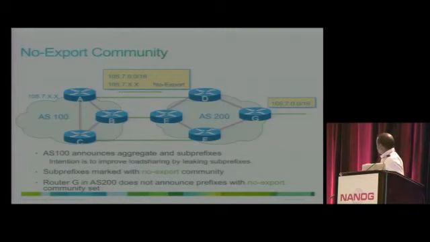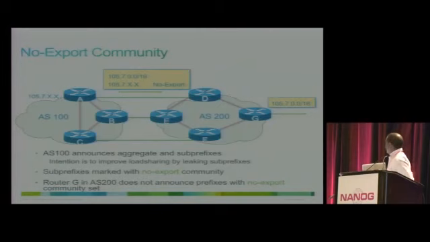So for example, if A receives two different routes and advertises two different routes, in this particular case, it's advertising an aggregate 105.700/16 and more specific components of that aggregate. There are several of them, but it wants to advertise them to AS200, but it doesn't want to propagate them to the rest of the internet.